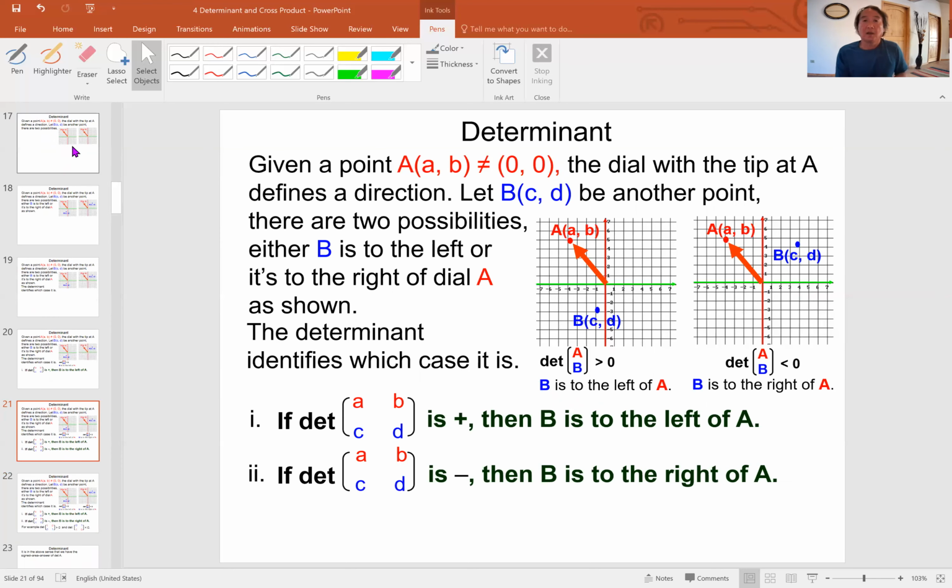If it's positive, then the other point is to the left-hand side of the vector, and if it's negative, then the point is on the right-hand side.